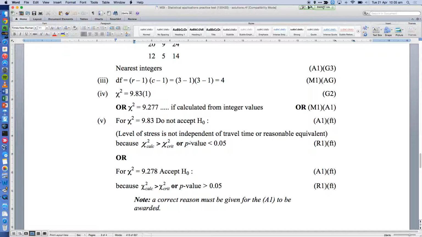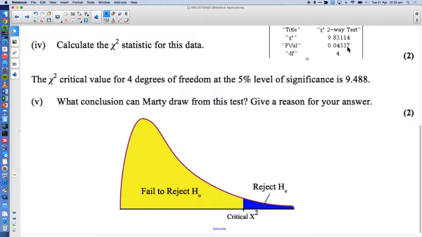Another way that we can do this, and don't forget this is another way, is that our p-value we can also calculate. Our p-value over here was 0.04337, 0.0434. That is less than 5%.